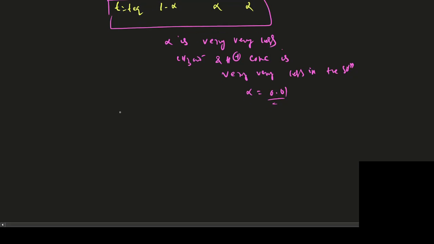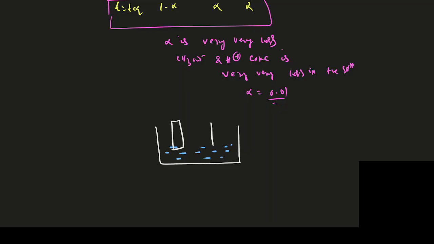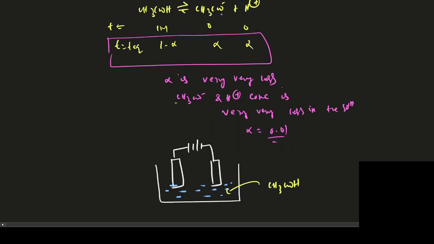And if you have the electrode rods in this electrolyte CH3COOH, a huge amount of CH3COOH is present and a very small amount of CH3COO minus and H plus.